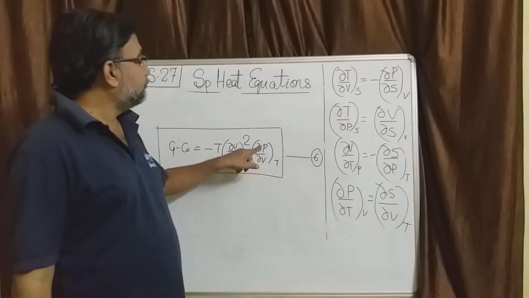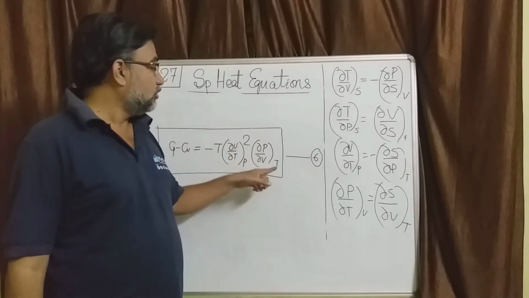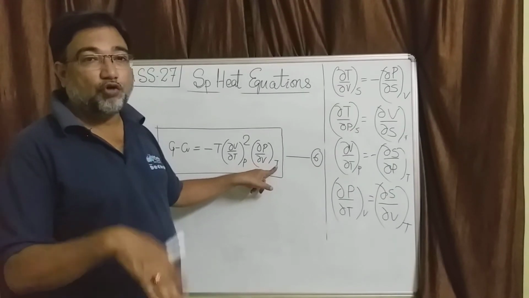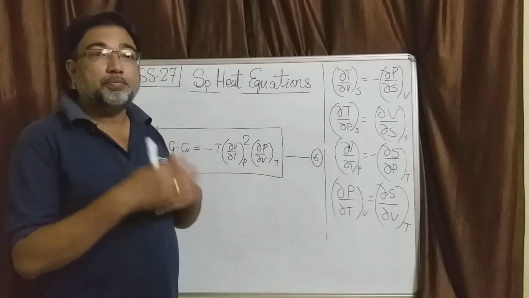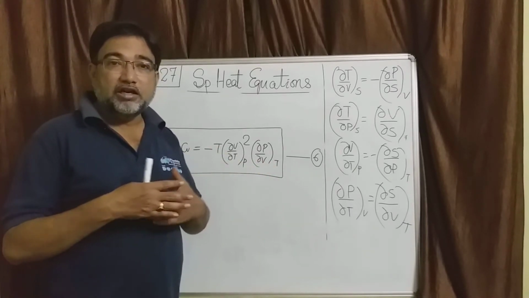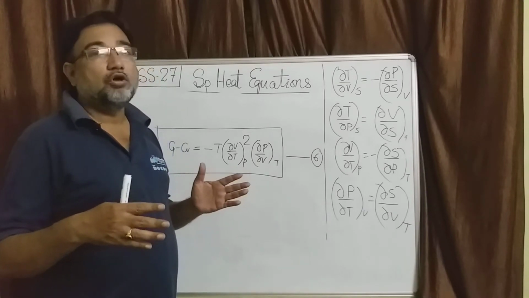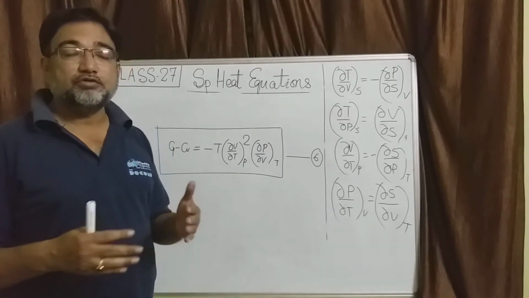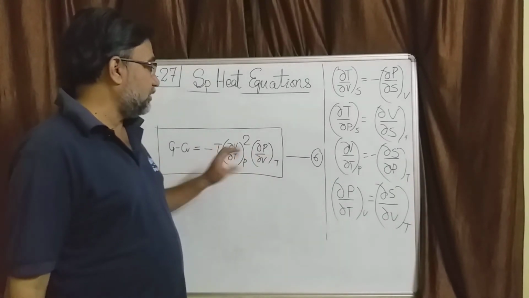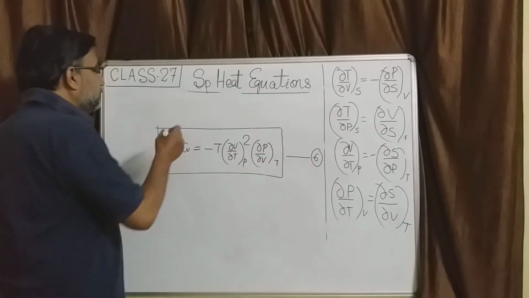What about this one? What is this literally? Literally this is for a gas, while the temperature is constant, how pressure will change with volume, or when pressure changes, what happens to the volume? So they are inversely related according to the gas law. When pressure increases, volume decreases, when pressure decreases, volume increases if temperature is kept constant. That means this term is a negative term.